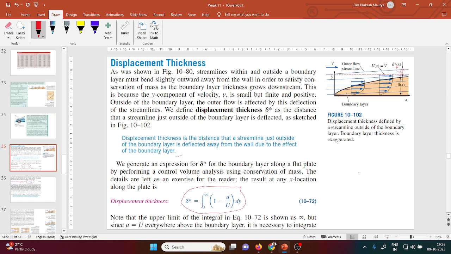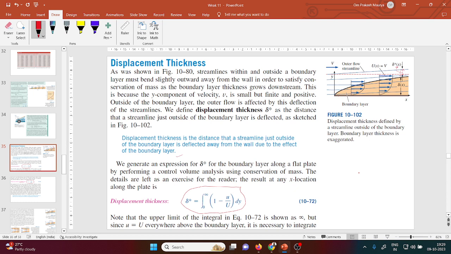It is just for representation, it does not look like that in field conditions, just to express it in mathematical terms. The displacement thickness starts from the dotted line, just above your boundary layer, right?